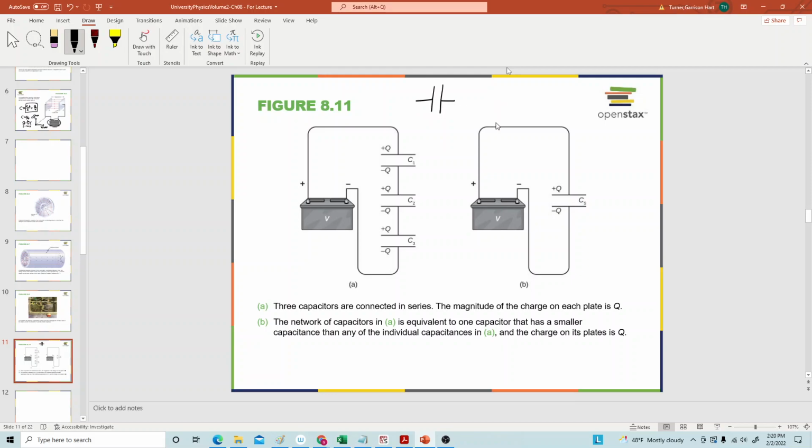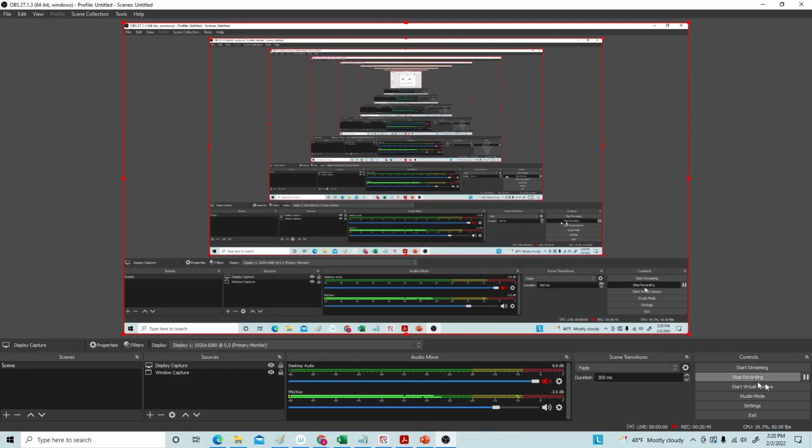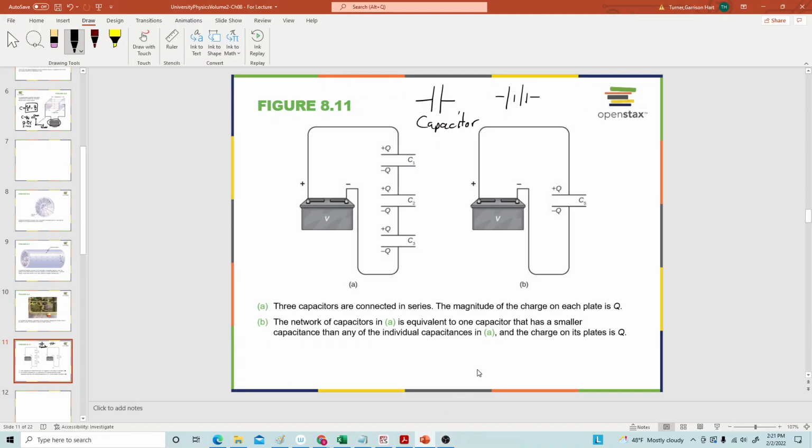As we move forward into circuits and circuit diagrams, you'll see that batteries are denoted by alternating large and small lines. So that's just a note as we go forward. But this is what is known as a series connection.